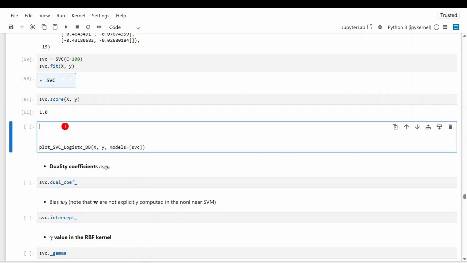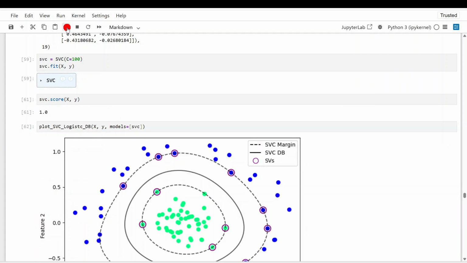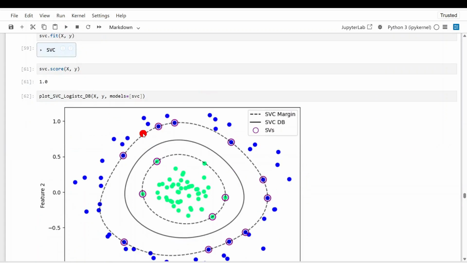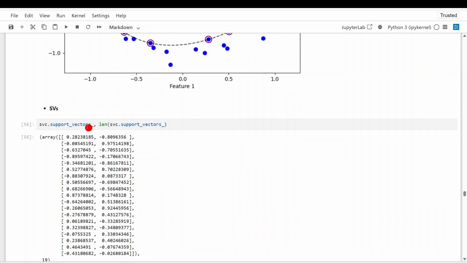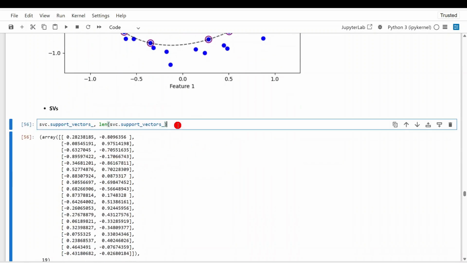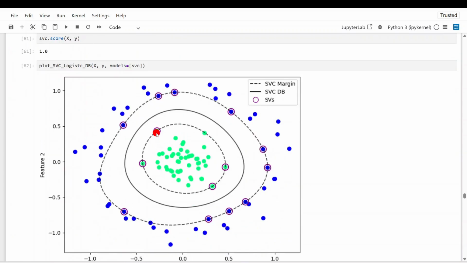100%. Now let's plot the decision boundary of this support vector classifier. Here look, some of the points are inside the margin, but when we increase C, it penalizes misclassification heavily. Therefore it forces the support vectors to be on the hyperplanes standing for the different classes.